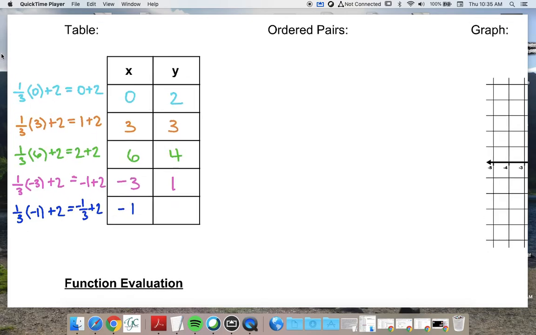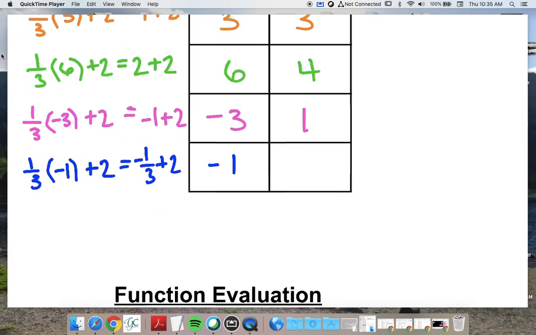Now remember that when you add and subtract fractions, you do need to have common denominators. So to make 2/1 a denominator of 3, we're just going to multiply by 3. So that turns into 6/3. So then -1 plus 6 gives us -5/3.